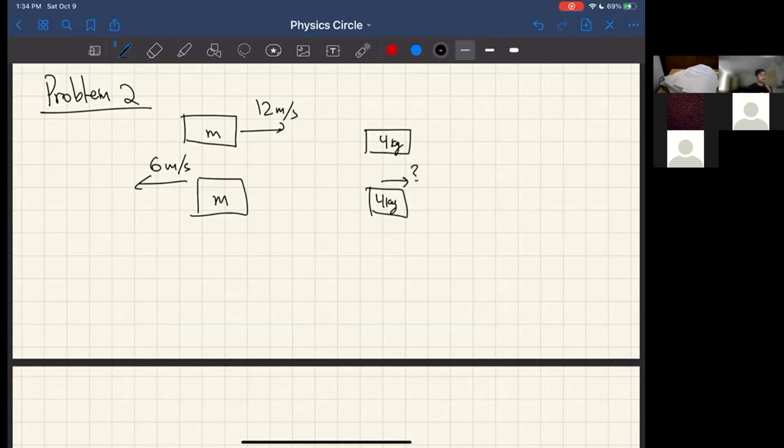So the question is, what is the velocity of the center of mass of the 2 carts before the collision? Now, one thing that is kind of funny about this problem: what is the center of mass velocity? This is an elastic collision.